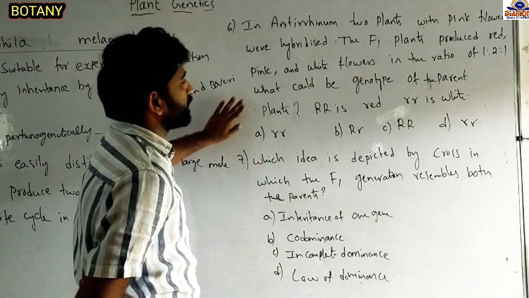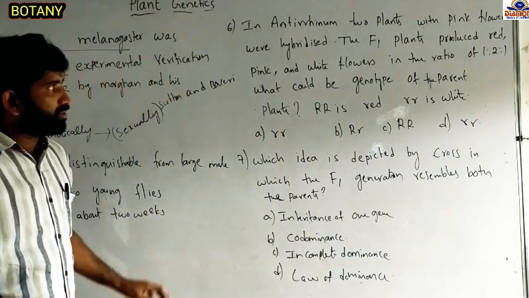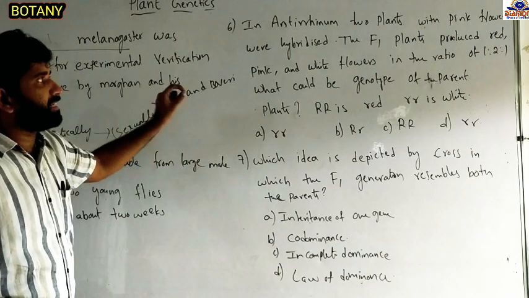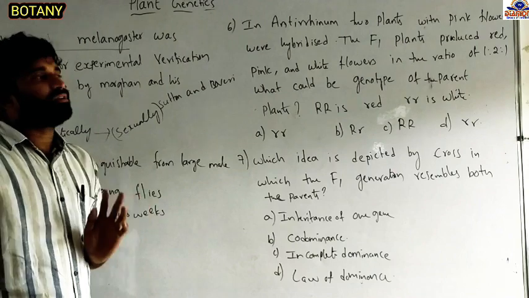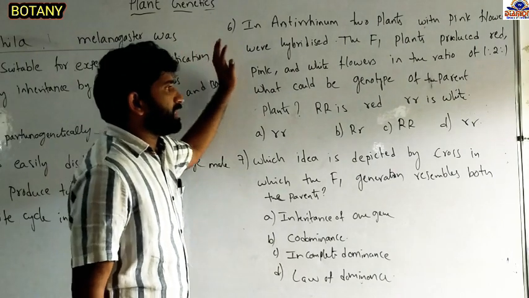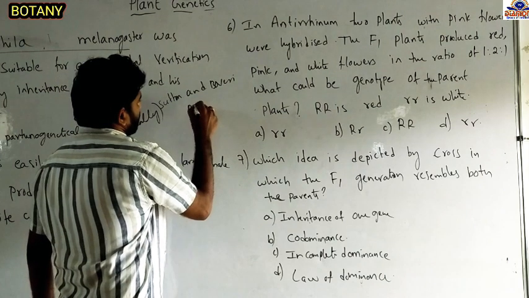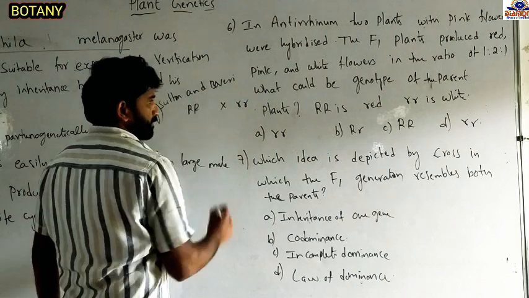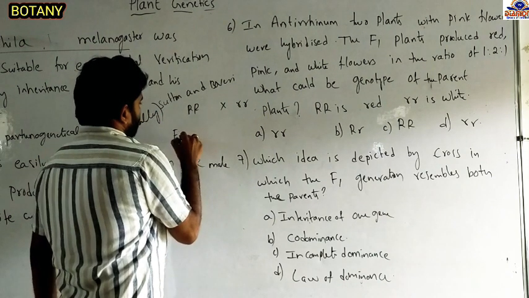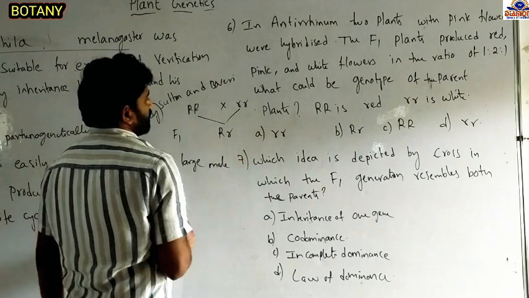What would be the genotype of the parents? Here, you want to know clearly that Antirrhinum is the best example of incomplete dominance. Incomplete dominance means that by crossing two homozygous parents, that is red flower and white flower, in the F1 generation we get an intermediate character.